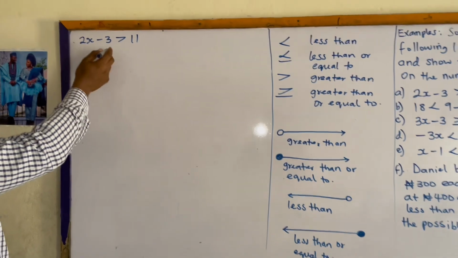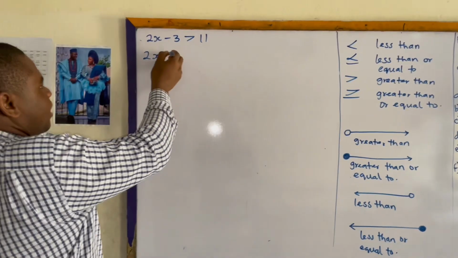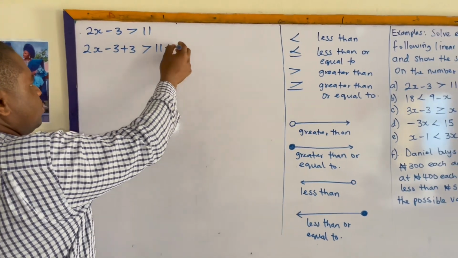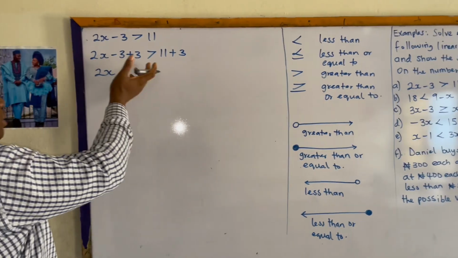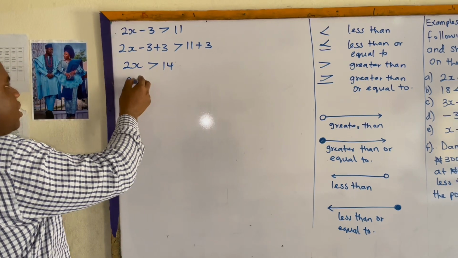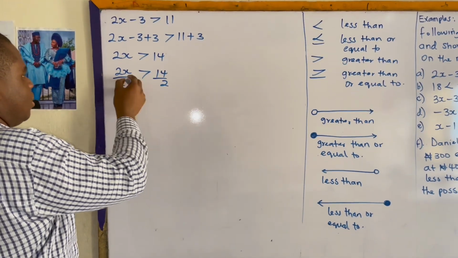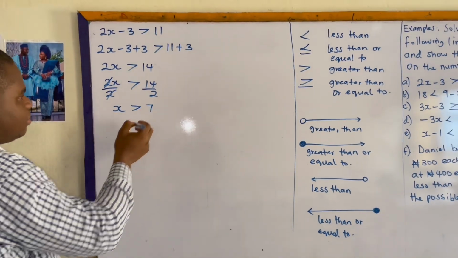So 2x minus 3 plus 3 is greater than 11 plus 3. So I have 2x, because minus 3 plus 3 is 0, is greater than 14. I'll divide both sides by 2. So x is greater than 7.